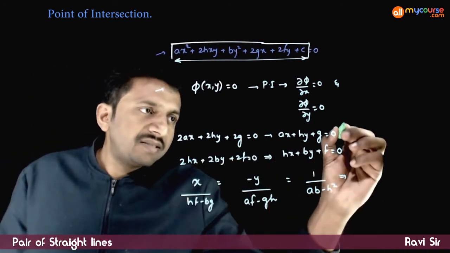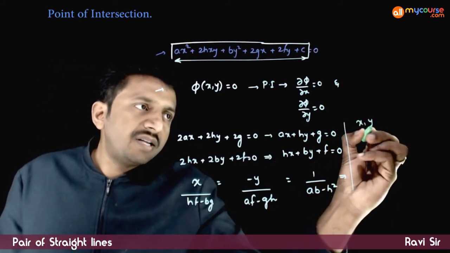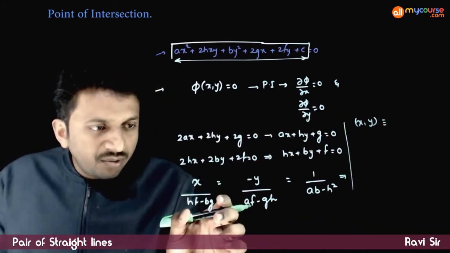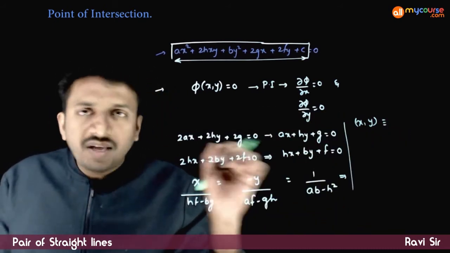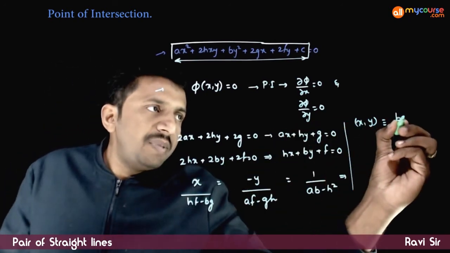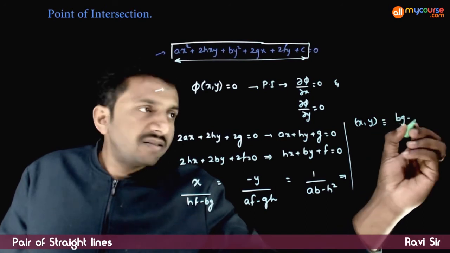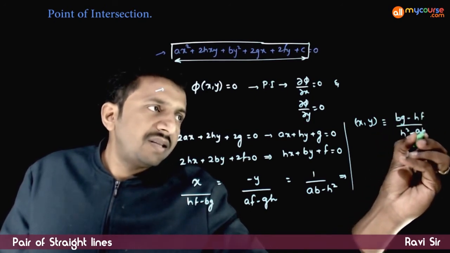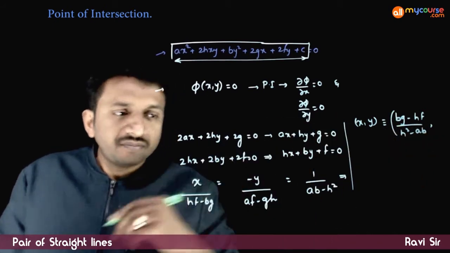This implies the point of intersection x comma y is given by x is equal to hf minus bg by ab minus h square, or bg minus hf by h square minus ab, comma.